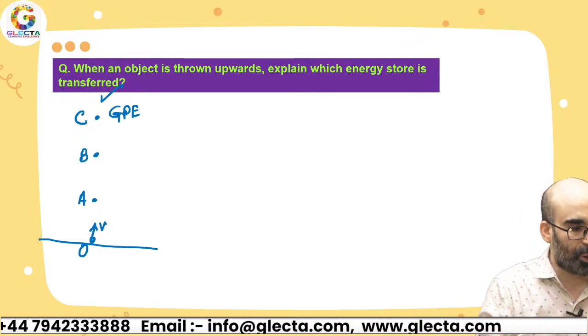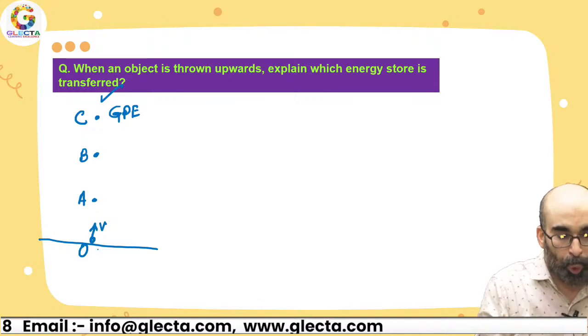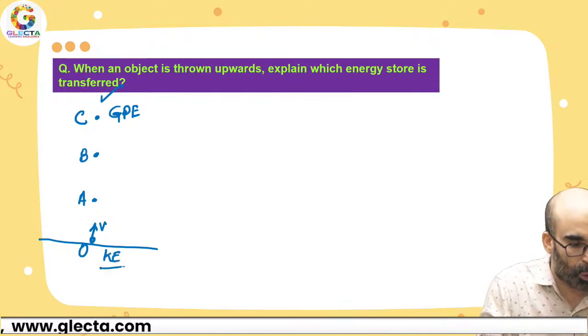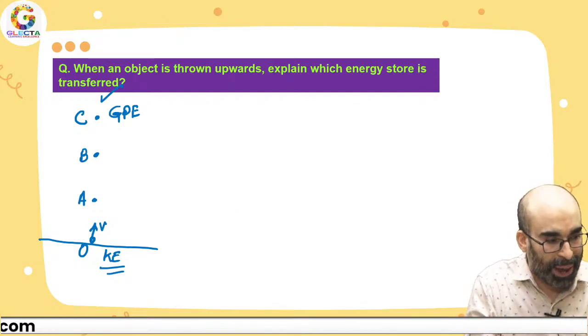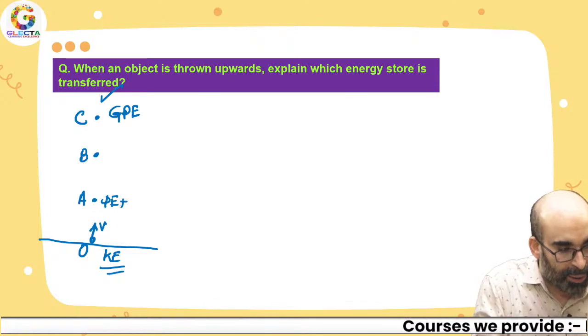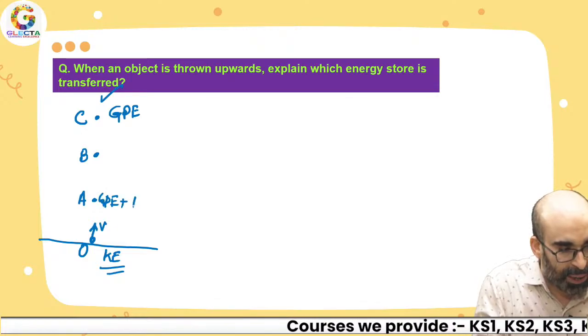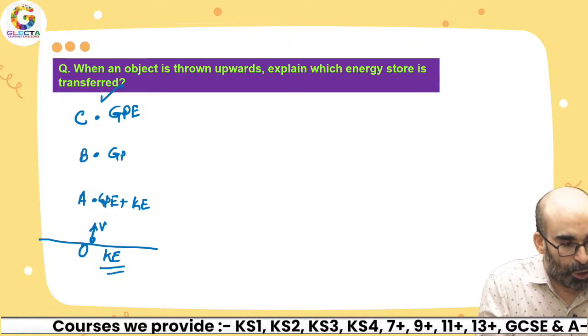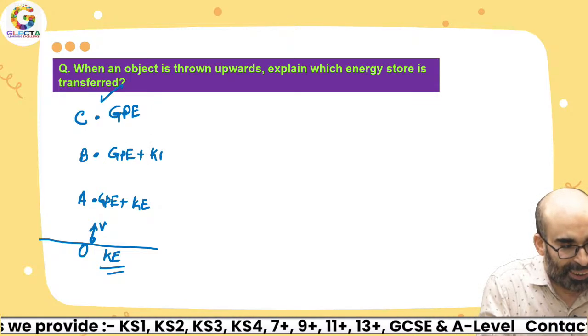Very good. So at point O, the entire energy is in the kinetic energy store. At point A and B, it is GPE plus KE. At B also, GPE plus KE.